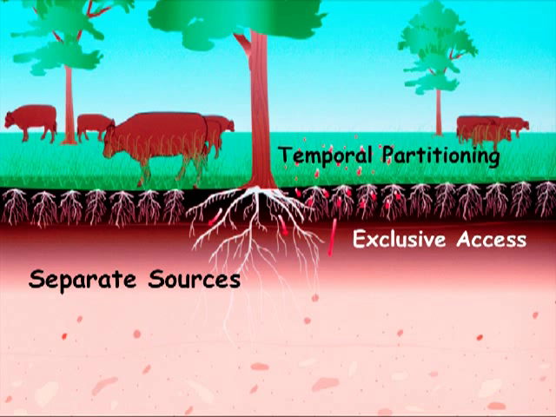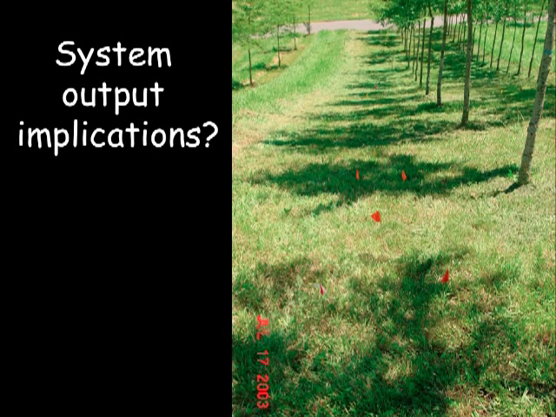It may be that the trees are getting down deeper into the soil profile, and so they've got opportunity to access water and nutrients that the grasses just can't, because they can't put roots down there. So these differences in space and in time can allow for positive or beneficial relationships in terms of that competitive partitioning.